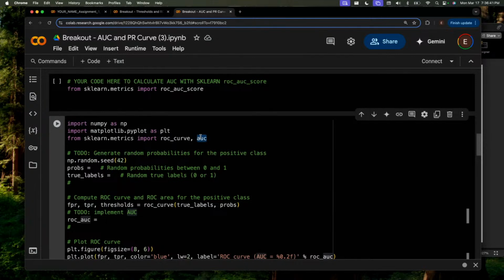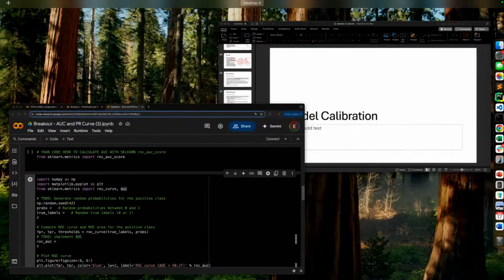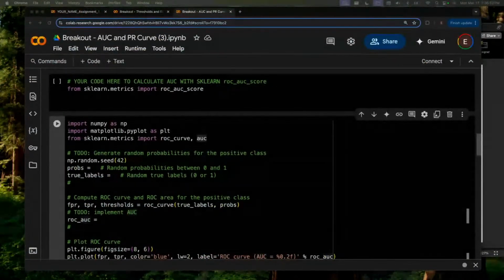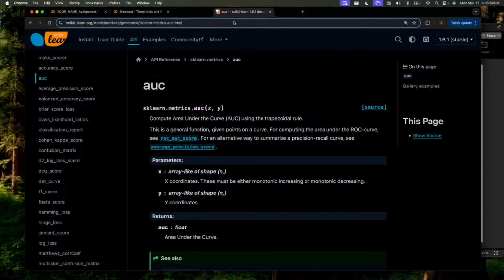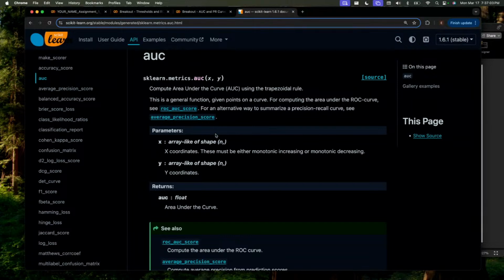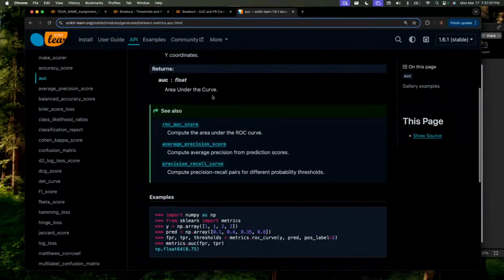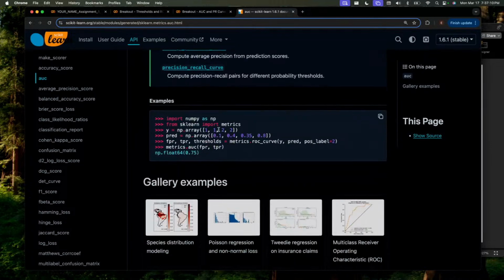Let's go look at this AUC from sklearn and see what it takes. Looks like it takes in X and Y. Here's an example.